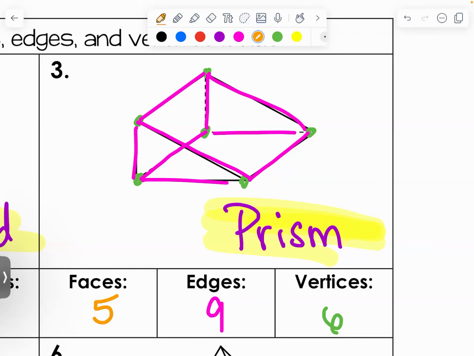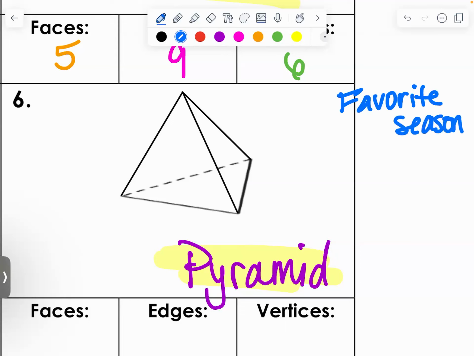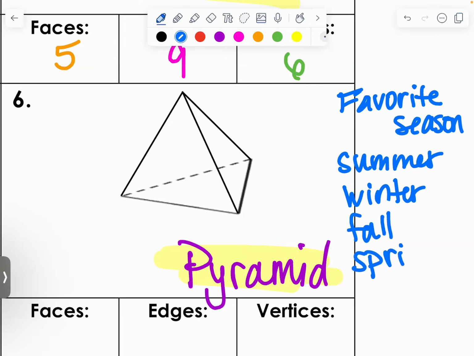This is what we're gonna do. I want you to think of your favorite season. Is it summer, winter, fall, or spring? Everybody silently think of your favorite season. Okay.